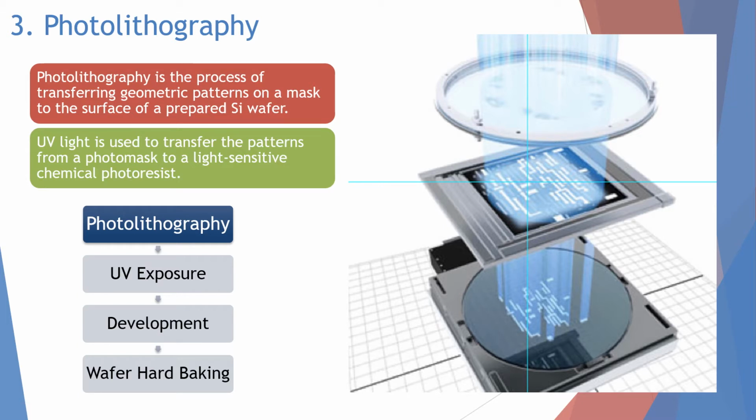Usually UV exposure will be placed on the mask that we already designed, and then there will be a development process where we develop the circuit on the SI wafer, and then the wafer will go through a hard baking process. So let's see the process.